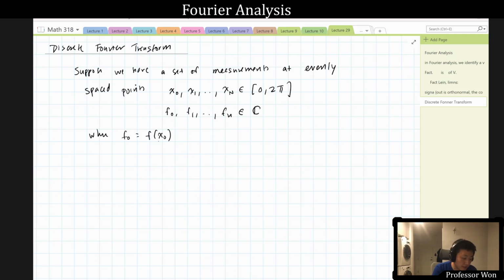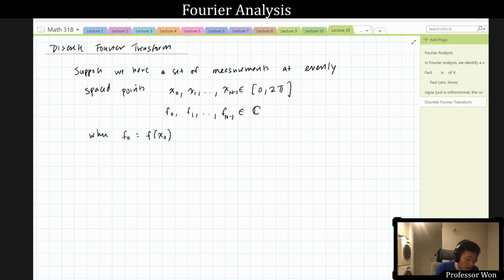It's like we've observed the function at capital N, I guess capital N minus 1, points. These things only matter a little bit. Now, there's some function f underlying these data points. We just don't know the function, but we should still be able to come up with an approximation to what the function f would be in terms of our basis vectors.